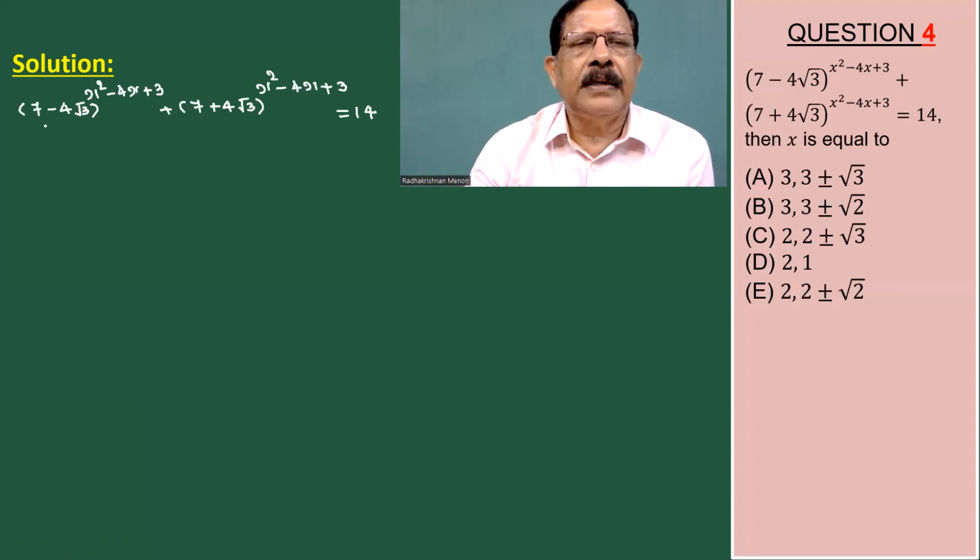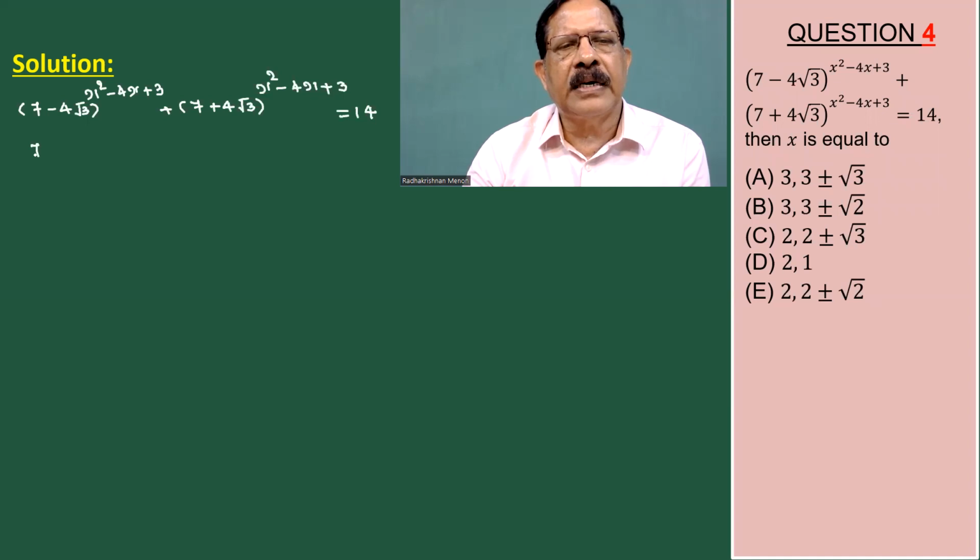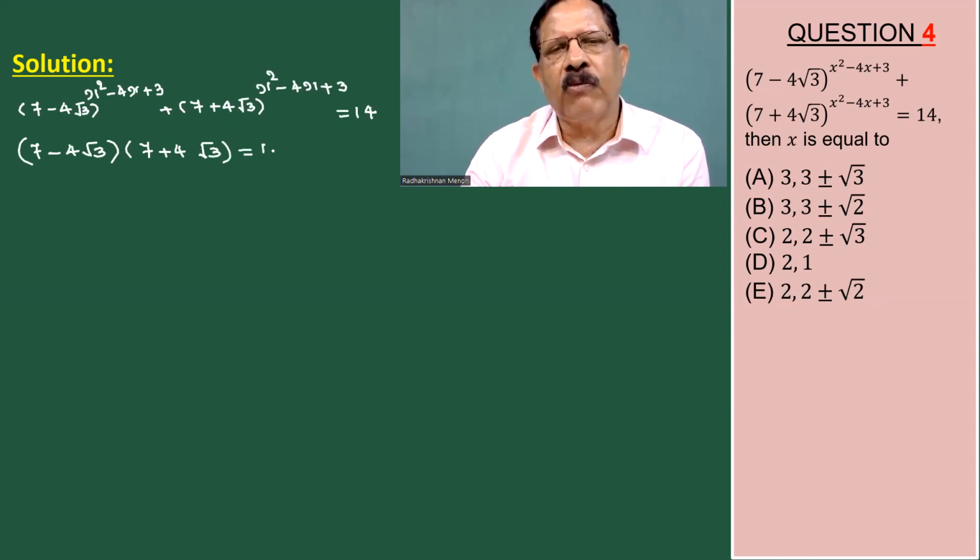Now, there is a peculiarity of these two numbers, 7 minus 4 root 3 and 7 plus 4 root 3. When you multiply these two numbers, we are getting 1.